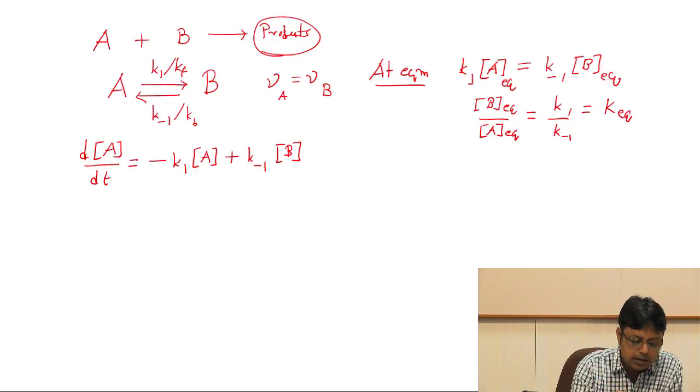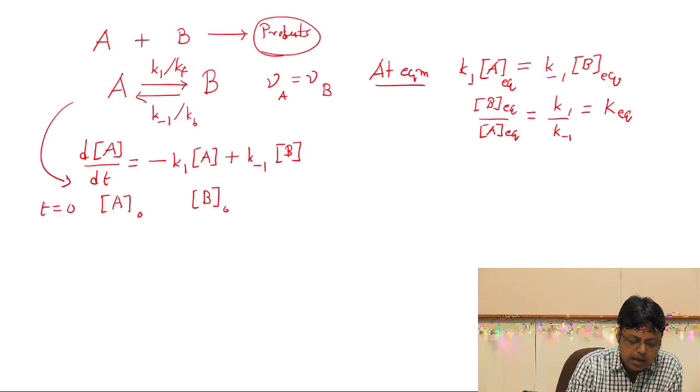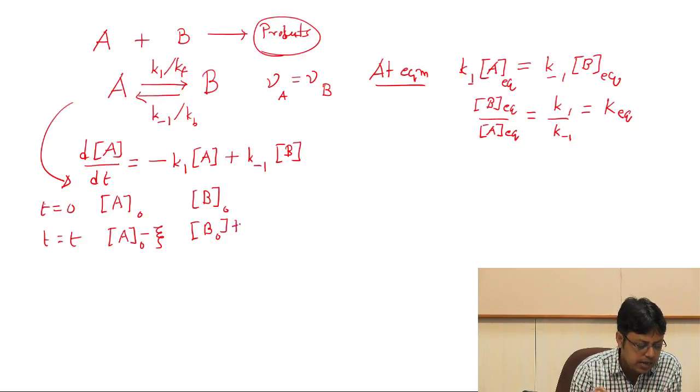And again we can write that suppose at t equal to 0 we have, say, A0, the initial concentration of A, and initial concentration of B suppose was B0, and at some arbitrary time, suppose the advancement is, say, some xi, and then we'll have A0 minus xi, and here we'll have B0 plus xi.